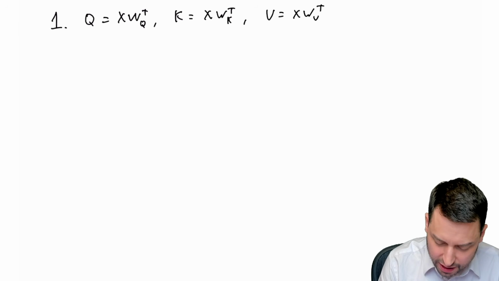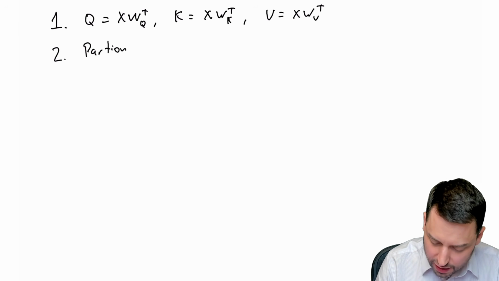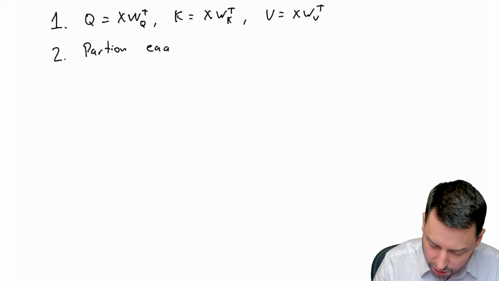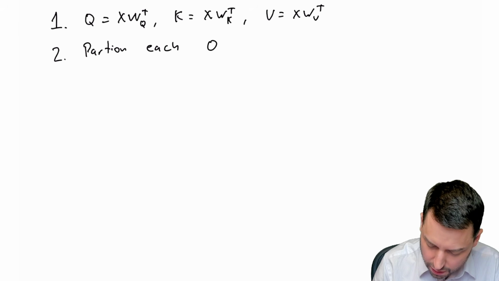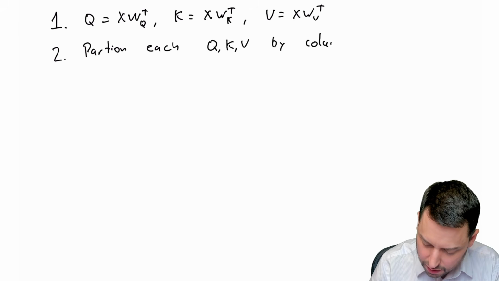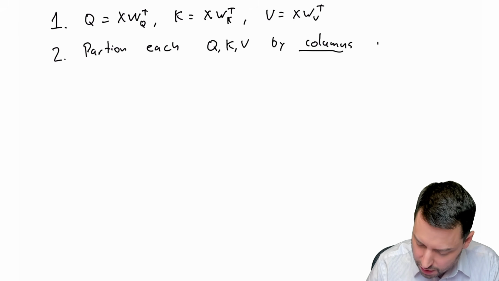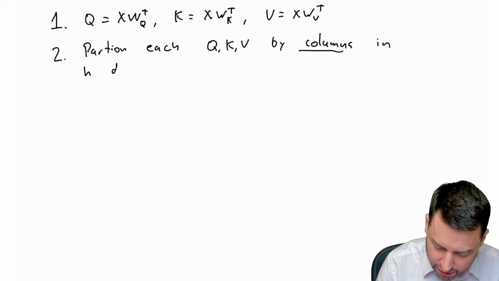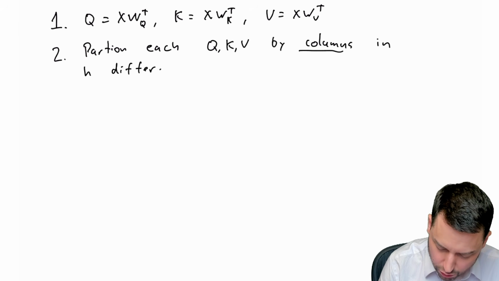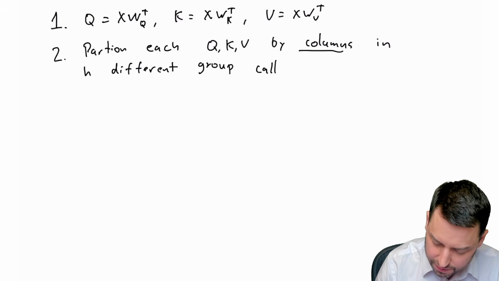And then, in the second step, we're going to partition each of Q, K, V by columns into H different groups called heads.